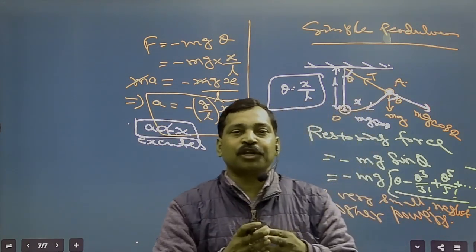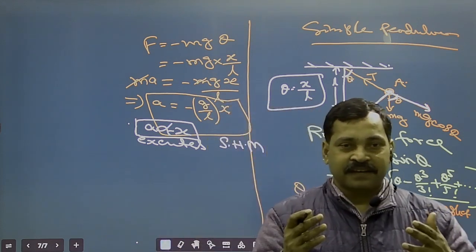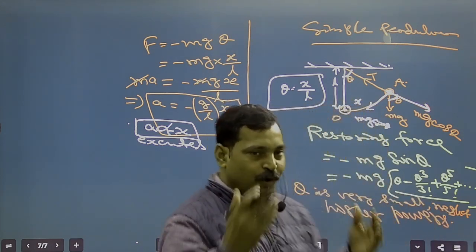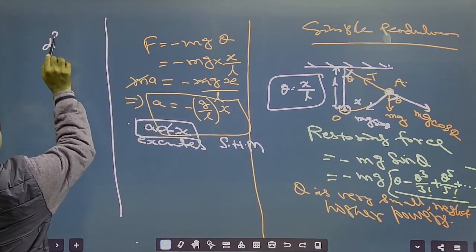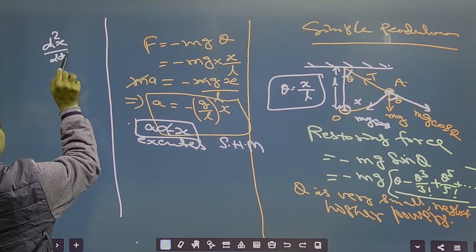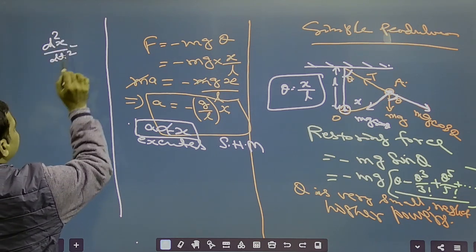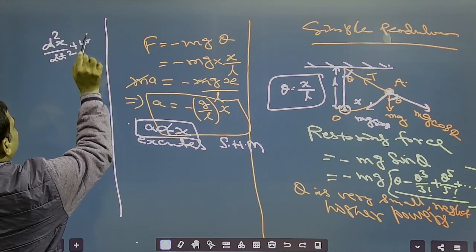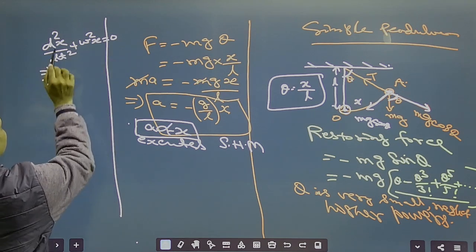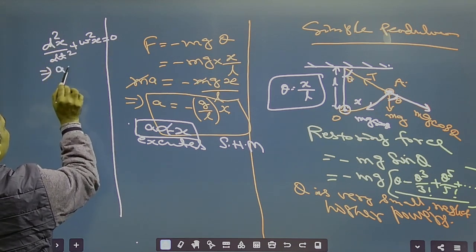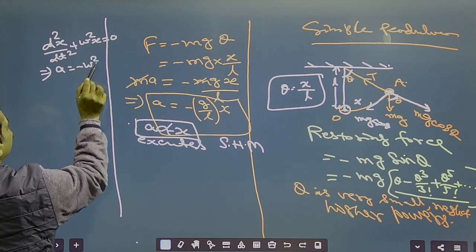Once the body is executing simple harmonic motion, we already know that it can be represented by a differential equation: d square x upon dt square plus omega square x equals 0. We already know this from the previous classes. So this will be a, so a will be equal to minus omega square x.